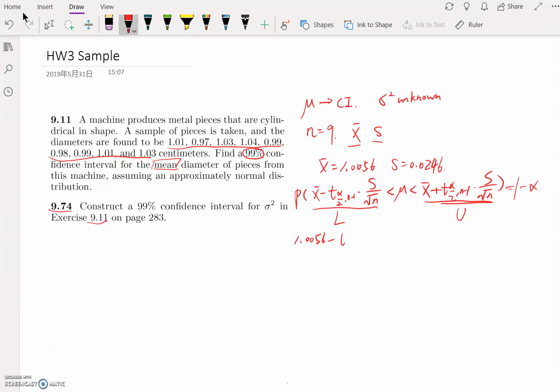1.0056 minus t. Here, the 99% is 1 minus alpha, so alpha is 0.01, and alpha over 2 is 0.005. Then n is 9, so we will need 8 here, times 0.0246 divided by square root 9.